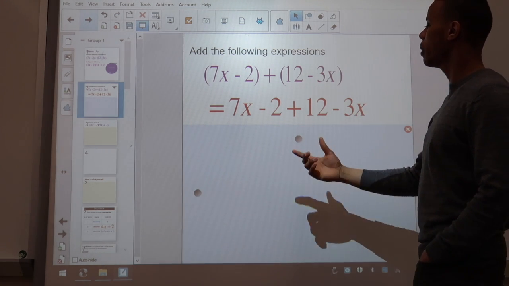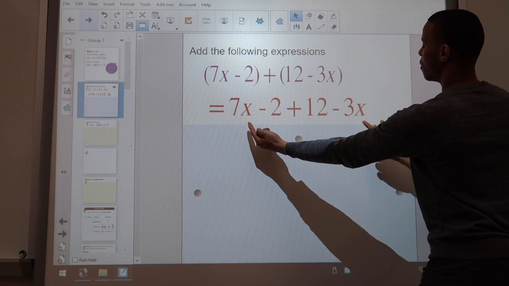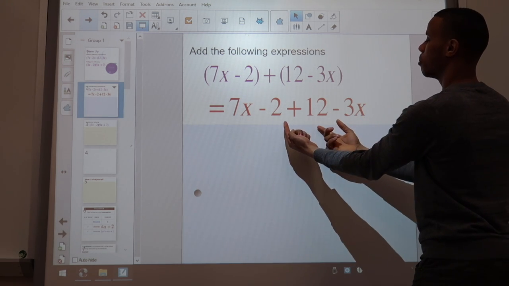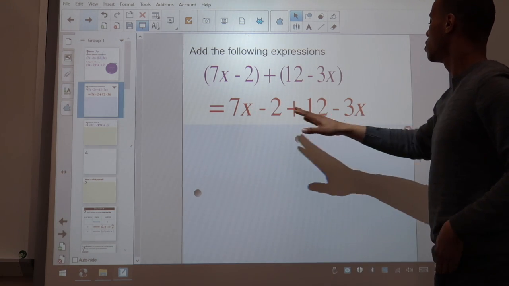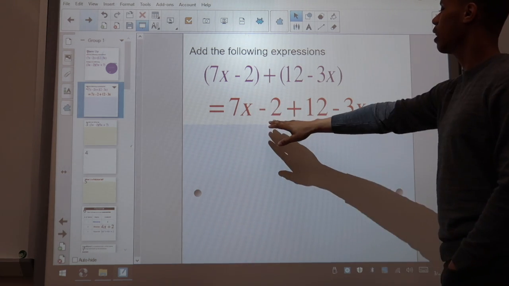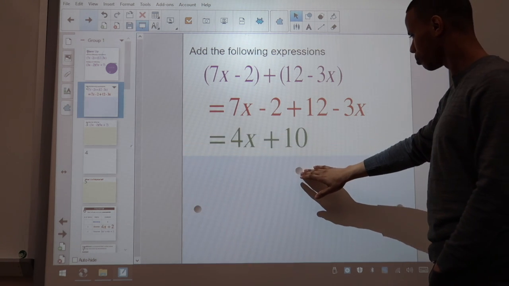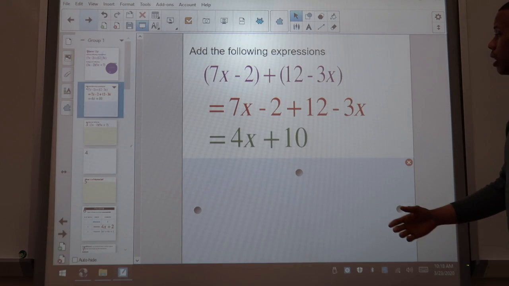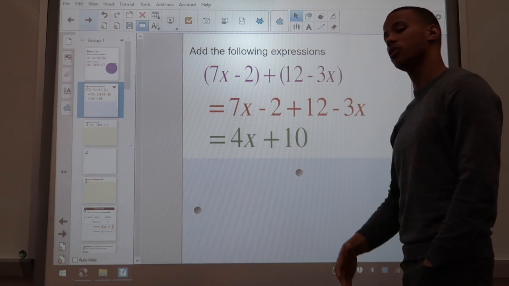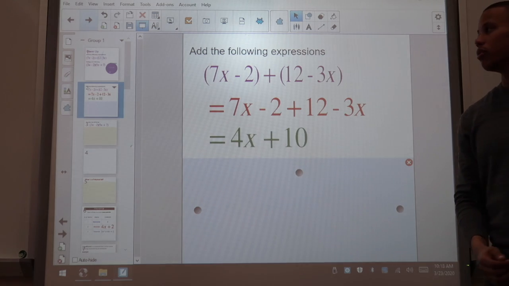Then you're going to combine the like terms: the 7x and the -3x, and the -2 and the 12. So 7x minus 3x is 4x, and 12 minus 2 is equal to 10. So that will be your first one.